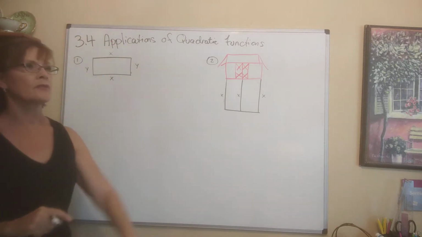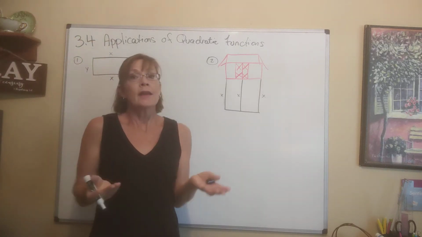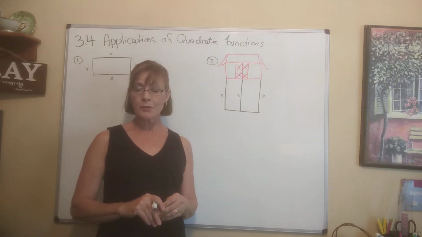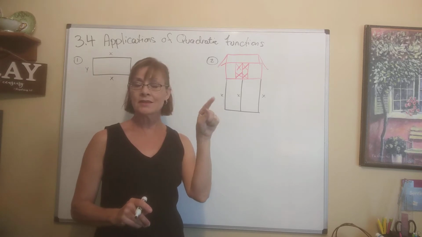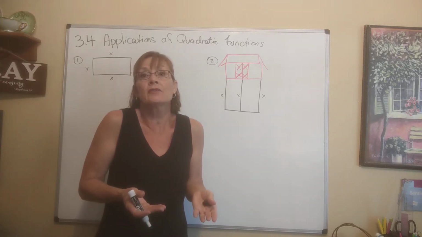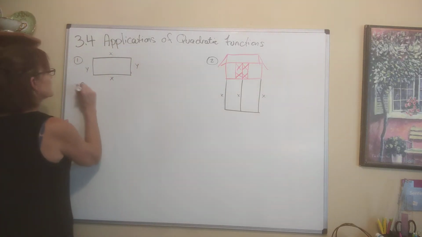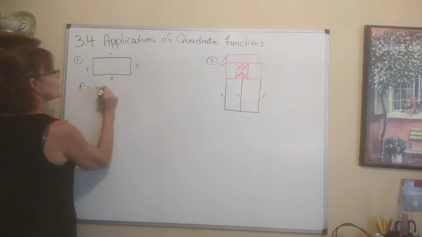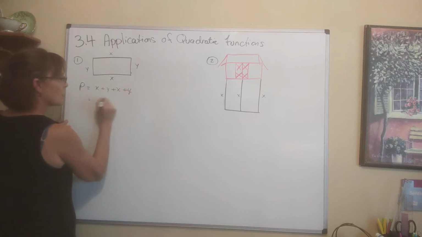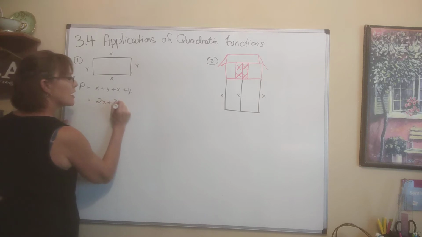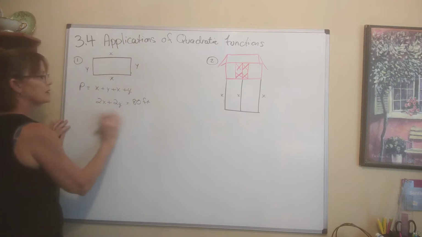There is a formula for rectangles, 2L plus 2W equals the perimeter, and that's fine, but you don't need a formula for perimeter because it's always just adding up the distance around something. Even if it's an irregular shape, you just add up all the different sides. So the perimeter is x plus y plus x plus y, which, collecting like terms, is 2x plus 2y, and that's going to equal 80 feet. This is one equation that we get here.